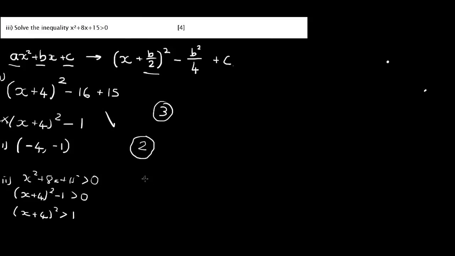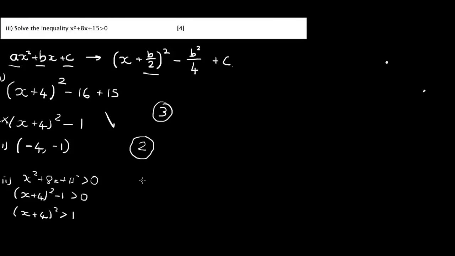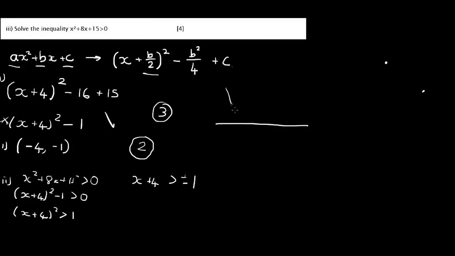Now if we go ahead to solve that as we would solve a quadratic, we take the root of both sides. We've got x plus 4 is greater than plus or minus 1. If we try and imagine that in terms of a graph, we've got a quadratic graph something like that.